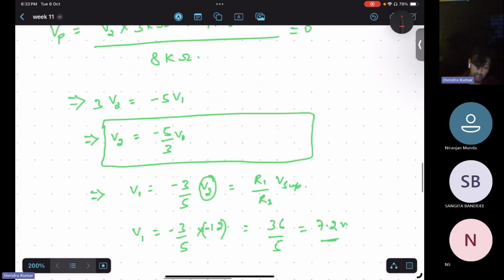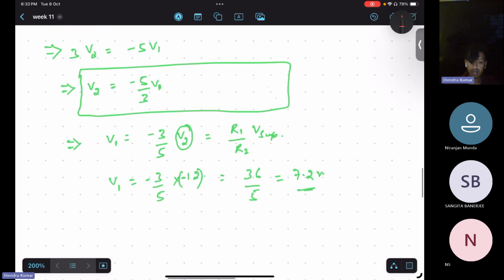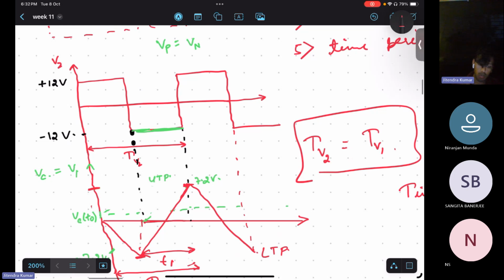So how much is the slope of V2? Or the slope of V1? Here, the slope of V1.